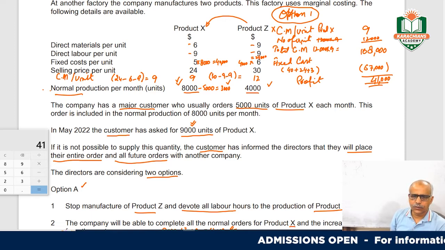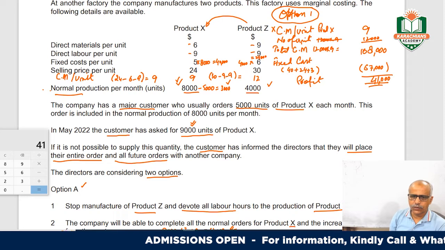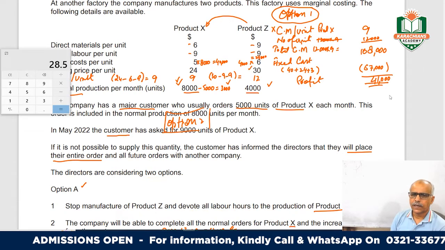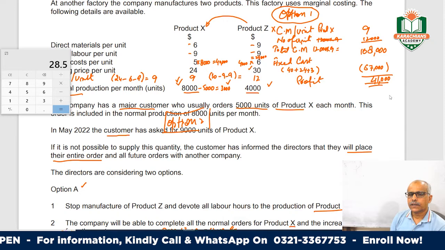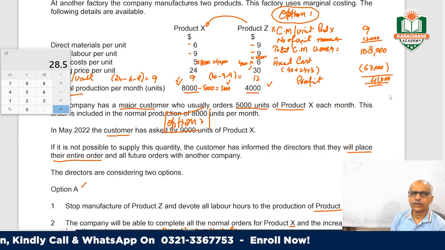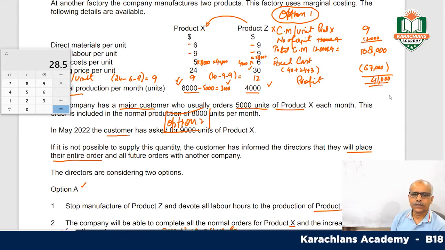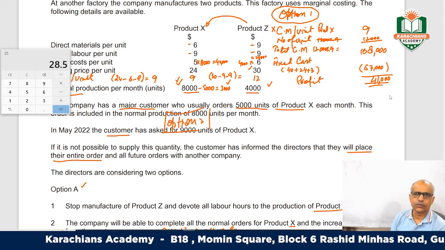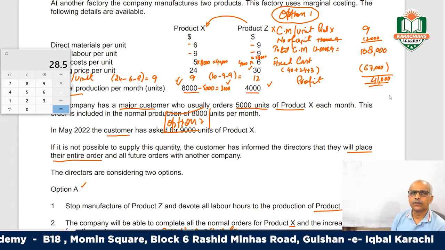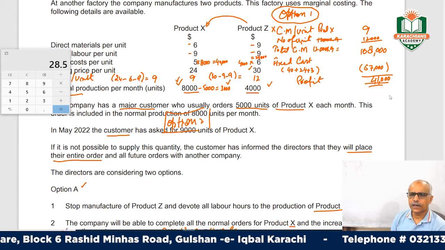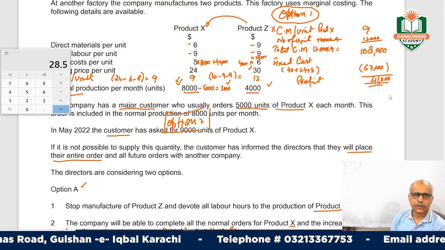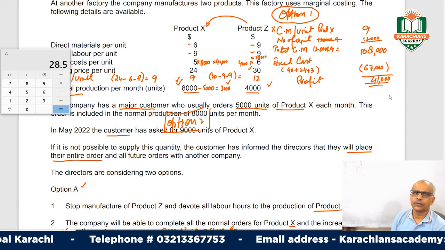Move on to option number 2. We will see what option number 2 is. Under option number 2, they say carry on the business as is, and do not entertain the major exclusive customer who is bringing 9,000 of the order. You just produce in a normal way, but you have to increase your sales of X. So they are suggesting its price should be less.